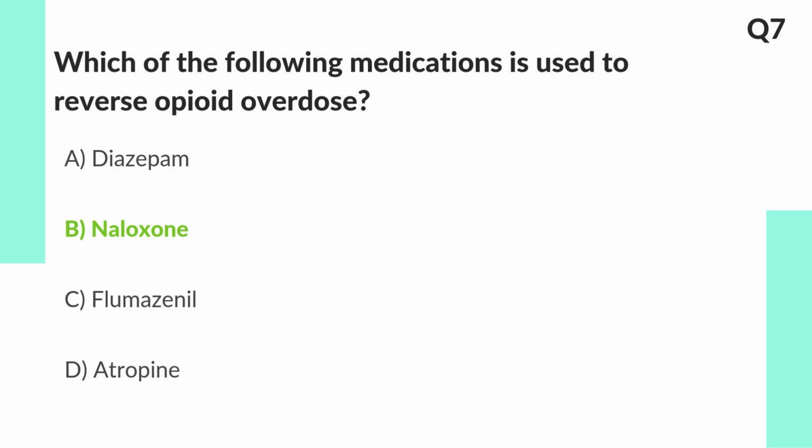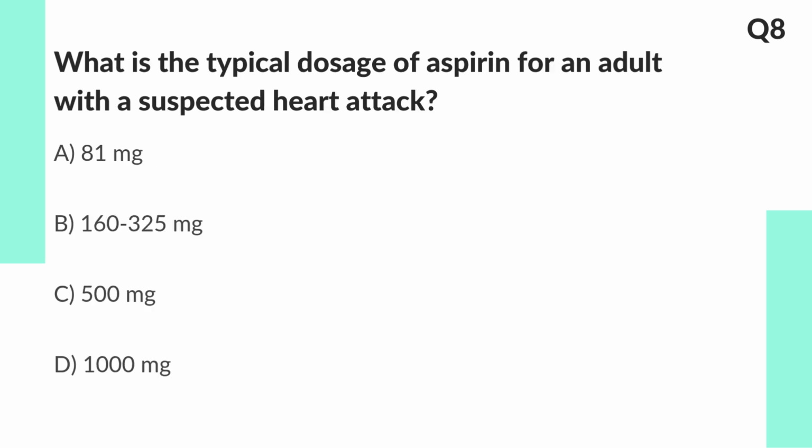So the classification of this medication is, it comes under the opiate antagonist, and it works by blocking the effect of opiates to relieve dangerous symptoms caused by the high levels of opiates in the blood. And if this medication is given to people who have not taken opioids, it virtually has no effect. All right. So that's a piece of knowledge for all of us. Let's move to the next question.